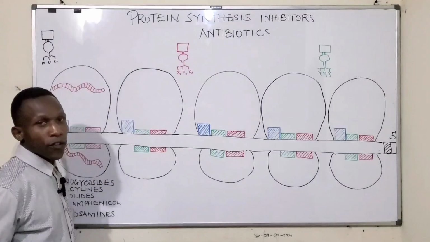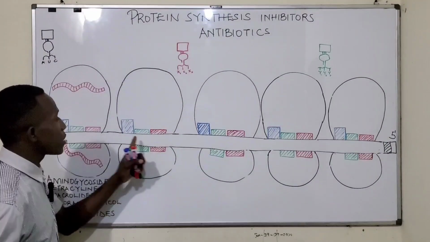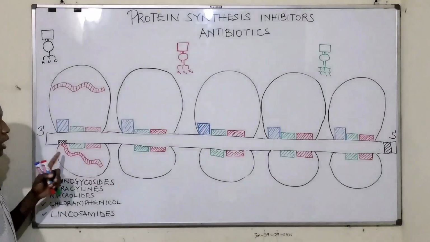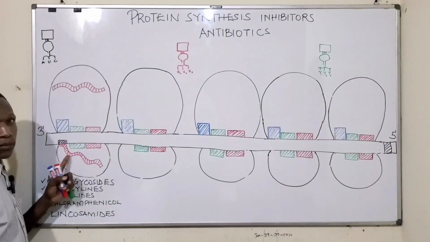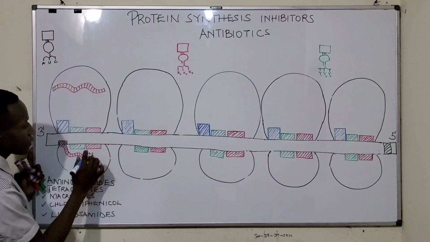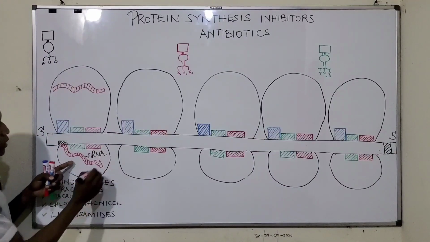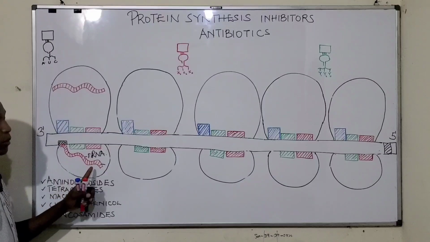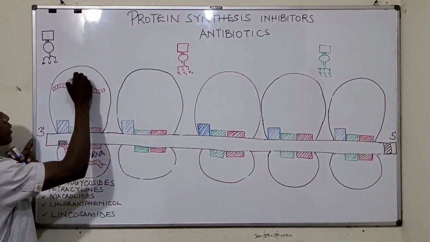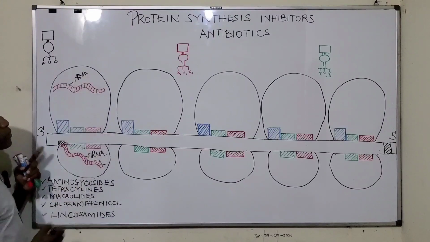Let's begin. After messenger RNA is transcribed from the DNA, it comes and binds to the ribosomal RNA. This is the ribosomal RNA for the 30S subunit, and this one is the ribosomal RNA for the larger subunit.